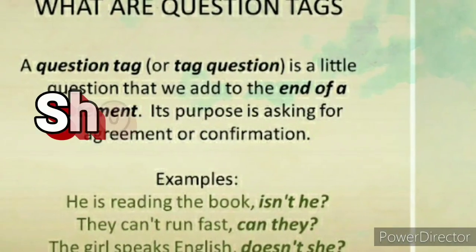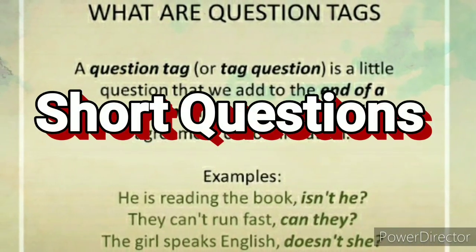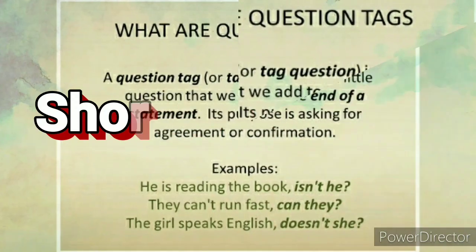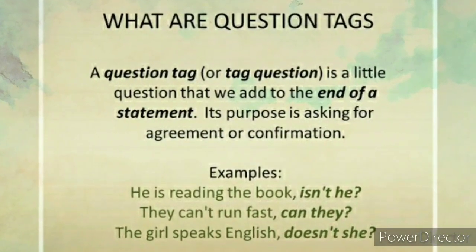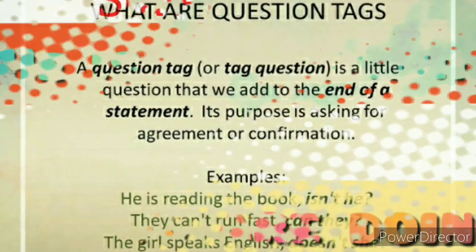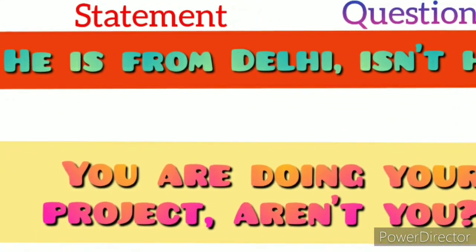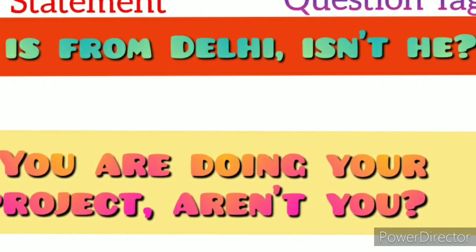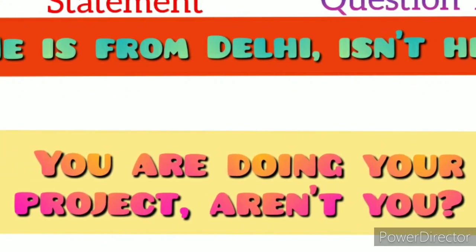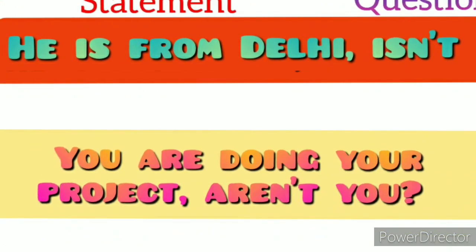Question tags are short questions that are put after the regular statements or sentences so that they become questions. Now when we say, he is from Delhi, then it's a statement. But the moment we say, he is from Delhi, isn't he? It becomes a question tag.